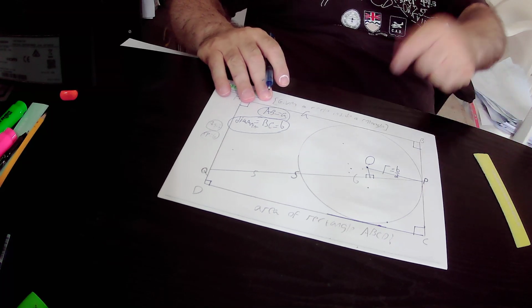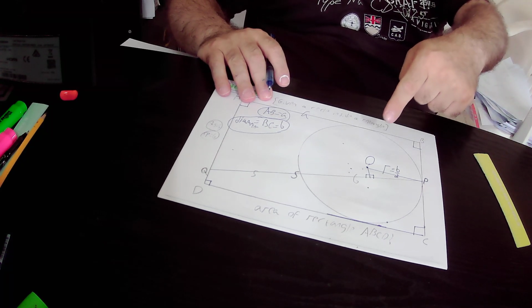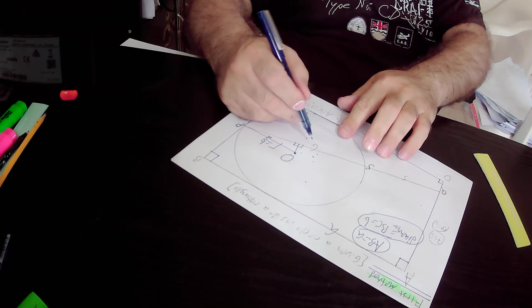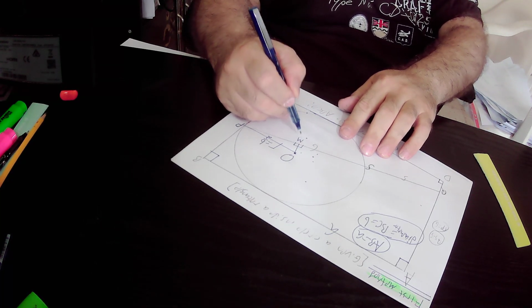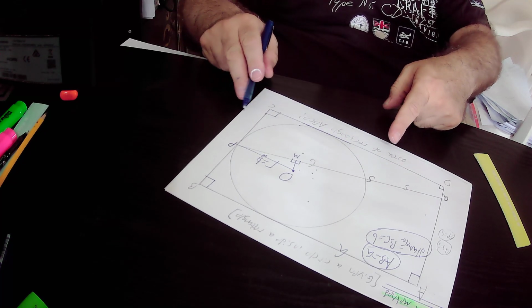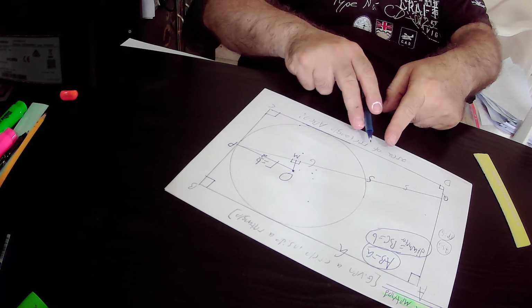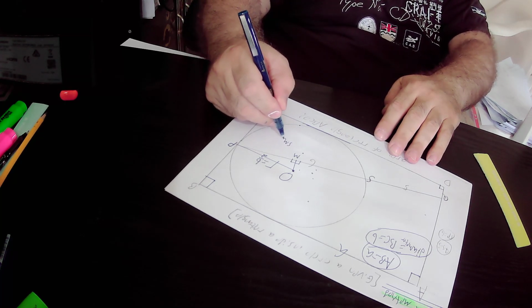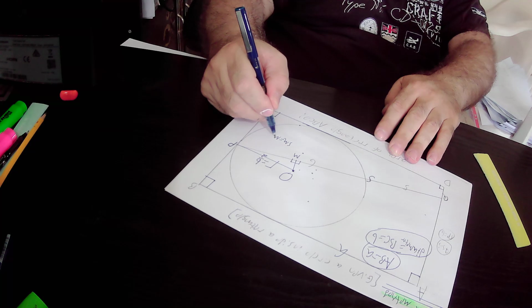We define the touching point of the perpendicular from point O to chord SP as M. And according to rule number 4, the perpendicular OM bisects chord SP. If the perpendicular OM bisects chord SP, it means that SM is equal to MP.